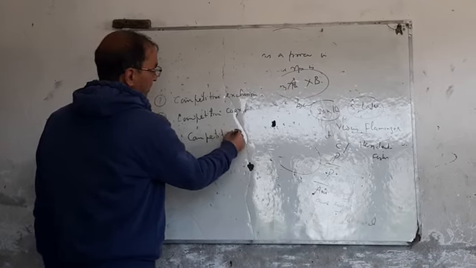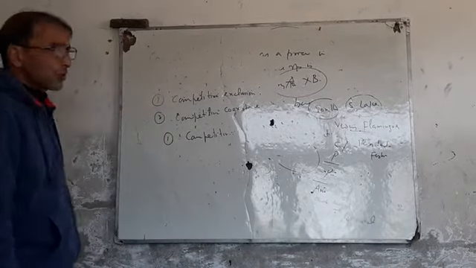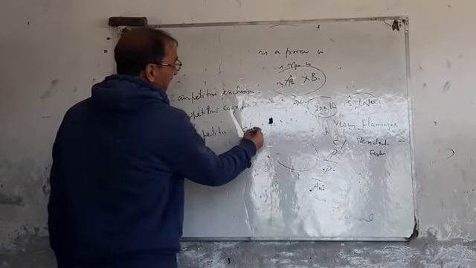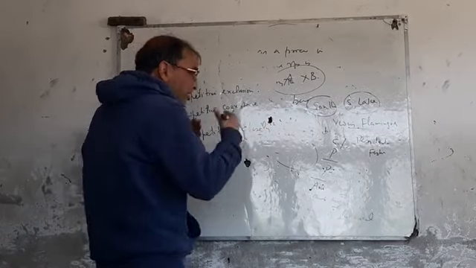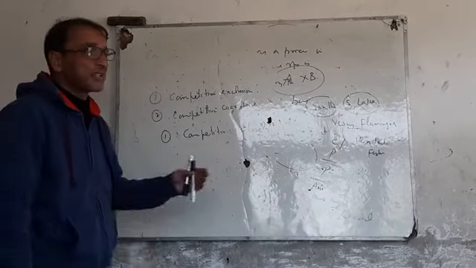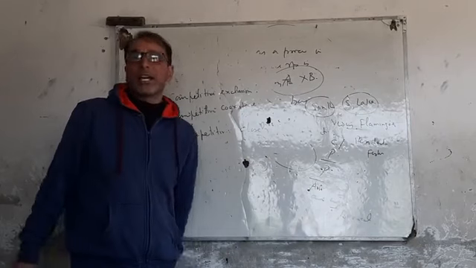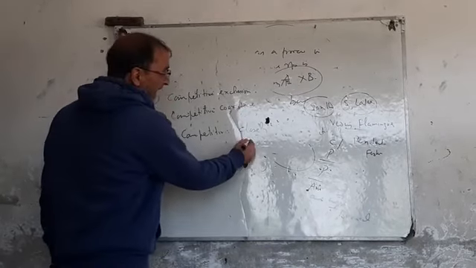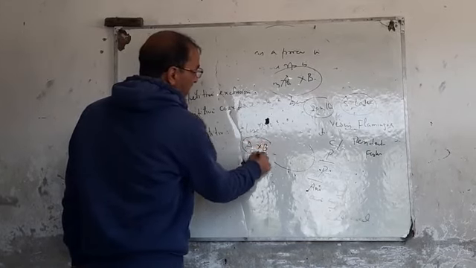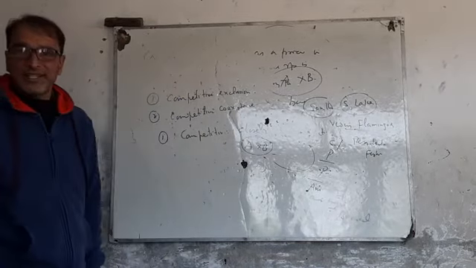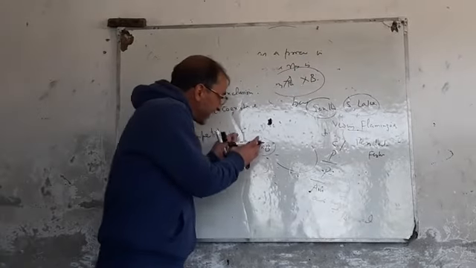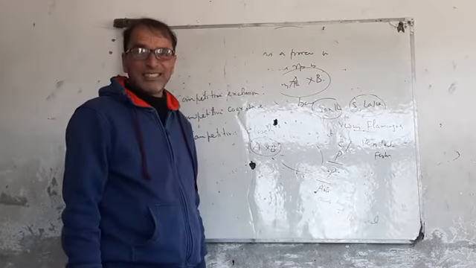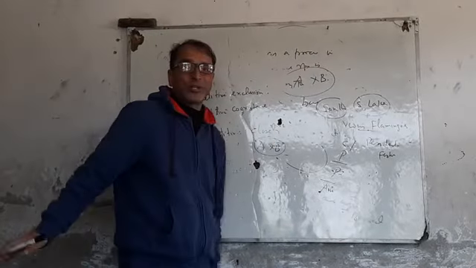Competitive exclusion is defined as the process in which two closely related organisms or species cannot live together permanently in the same area. Suppose A and B are two closely related species of organisms. These cannot live permanently in an area because they have the same requirement of food.